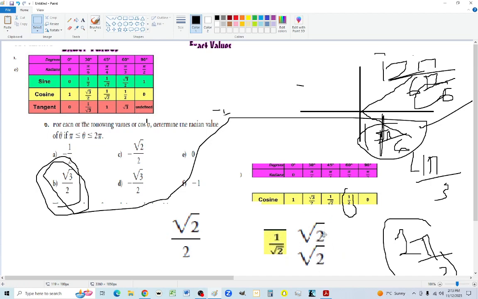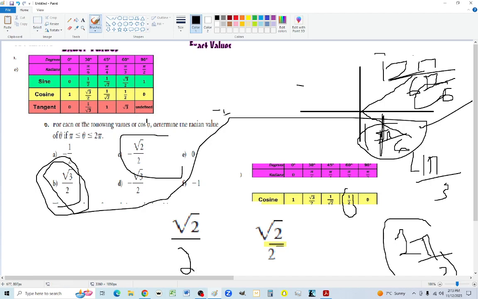Well, square root of 2 times 1 is that, and square root of 2 times square root of 2 is this. So you can see that this here, square root of 2 over 2, is the same as 1 over square root of 2, which is the 45-degree angle.